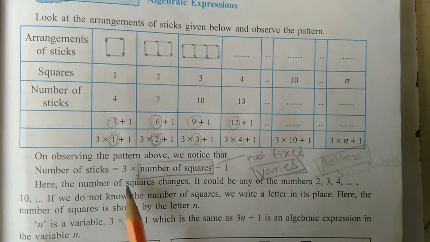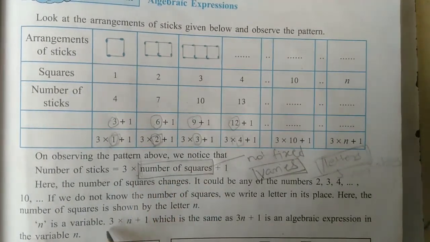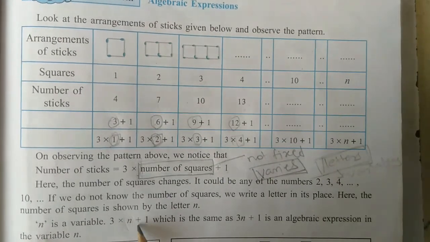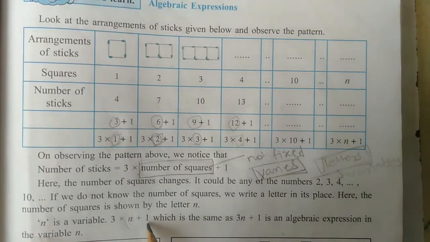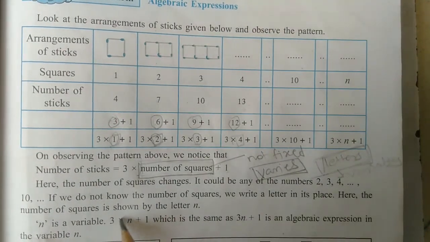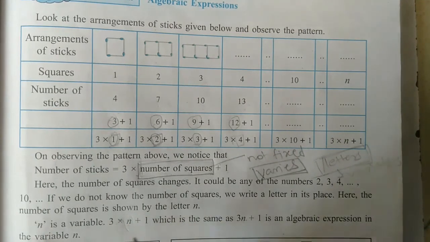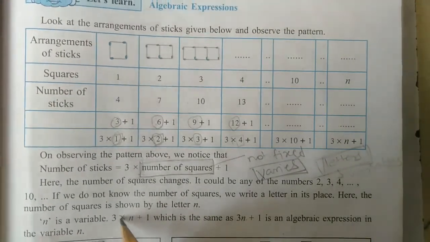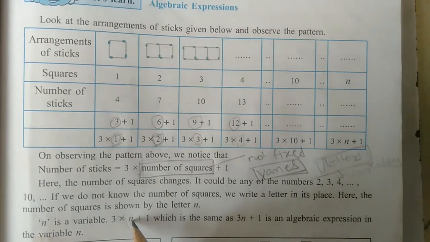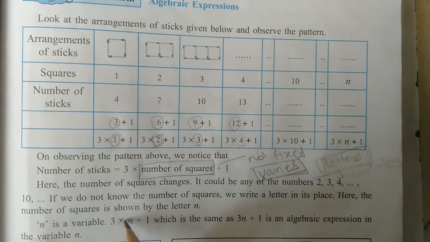See, so here if we use n for the number of squares, then it becomes 3 multiplied by n plus 1. So it is the same as thrice n. See, when the multiplication operation in an expression is between a number and a letter, or letters, there is no need to write it down.